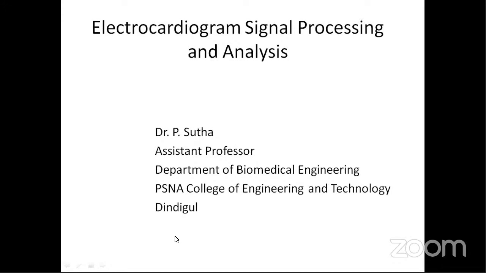Dr. P. Sudha, an assistant professor in the Department of Biomedical Engineering from PSNA College of Engineering and Technology, Dindigul. She graduated as an Electronics and Communication Engineer from Periyar Maniammai College of Technology for Women, Tanjore, and completed her post-graduation in ME Applied Electronics from RVS College of Engineering and Technology.